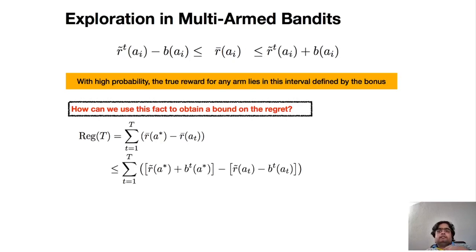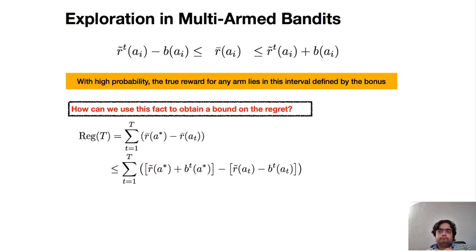What you can do is use the fact that for every arm in your system, and A star is also an arm in your system, the mean reward is upper bounded by the upper confidence bound, and the mean reward is lower bounded by the lower confidence bound. So for R of A star, you can apply the upper confidence bound. For R of a_t, you can apply the lower confidence bound, and that's going to be an upper bound of this regret.